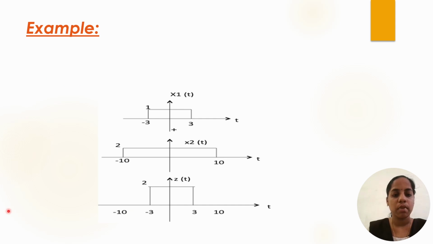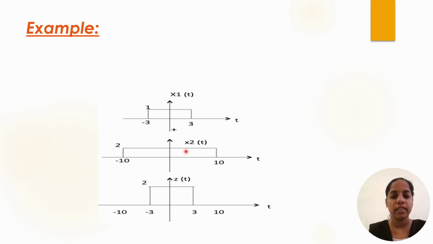Next example of addition of signals. Here the amplitude is 1 and the time period is -3 to 3. This is x1 and this is x2. Here the amplitude is 2 and the time period is -10 to 10, and this is z of t.